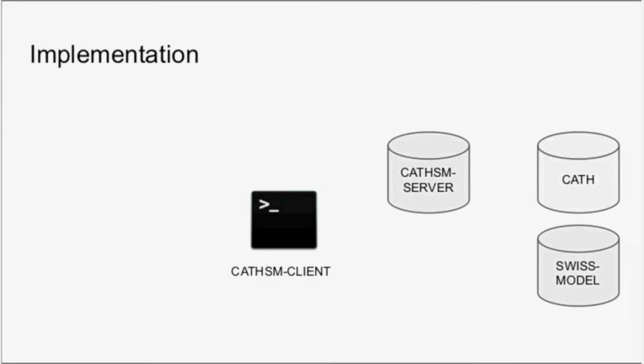We already had CATH and Swiss Model as existing resources with their own services and APIs. Some of the pipeline that we've discussed so far wasn't already implemented as an automated API within the CATH resource. So we started to build code as fresh code on GitHub as CATHSM server.